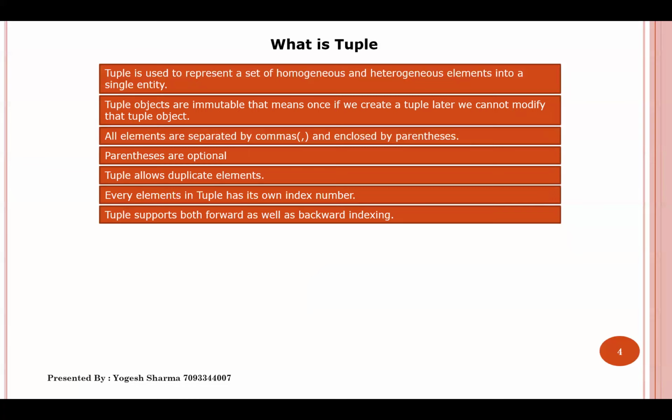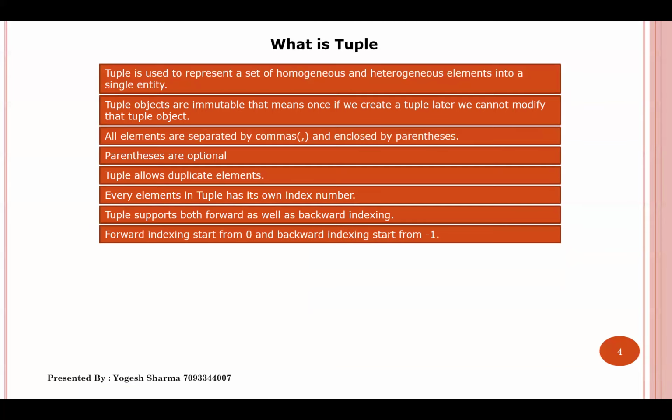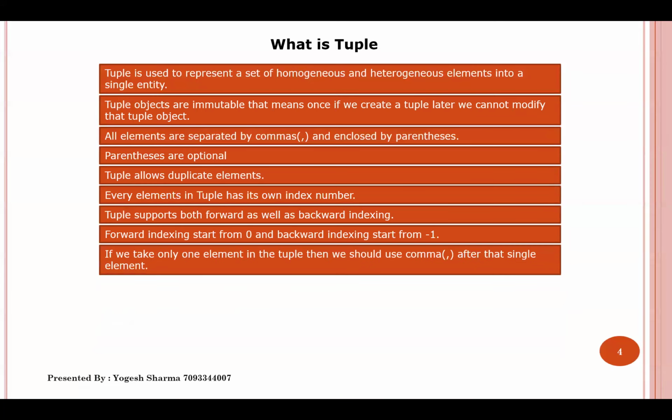I believe you guys already know about forward and backward indexing. In forward indexing the index number starts from 0, and in backward indexing the index number starts from -1.